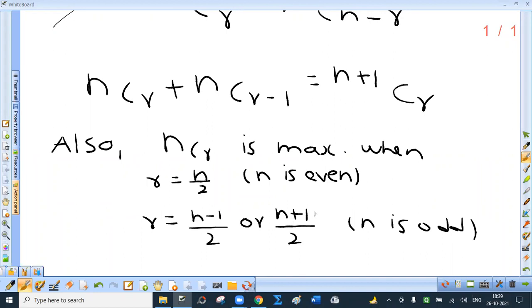Why same for both? Because we have just seen that nCr is nC(n minus r), complementary combinations.